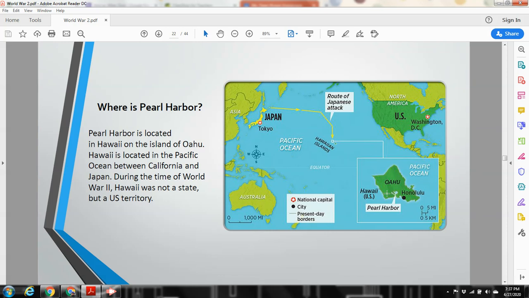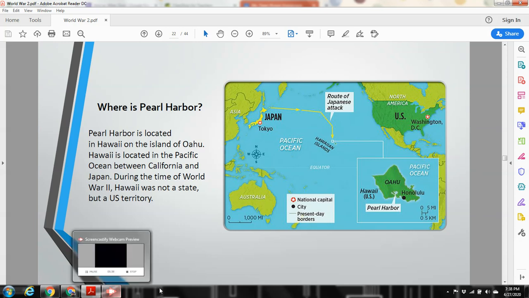Now, this is an enlarged picture of Oahu. Honolulu is right here. Okay, that's your capital. And what you don't see is there's a gap right here, which allowed the water to come in.